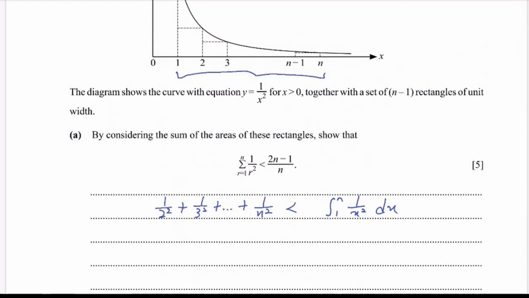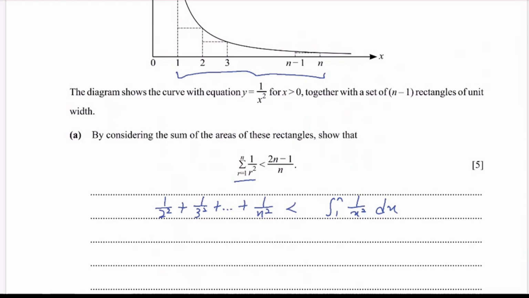But it seems like it is not giving us what we wanted to prove. Of course, the left hand side there is 1 over 2 squared. But when we write it into the summation, it wouldn't start with 1. We want to get this.